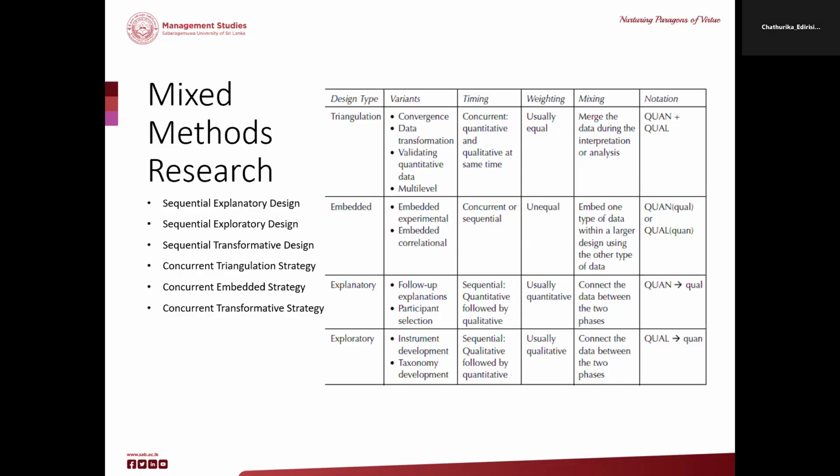More weightage is given to qualitative data collection and analysis in the sequential exploratory design. There is a sequence again, quali followed up by quanti, and more weightage is given to quali.